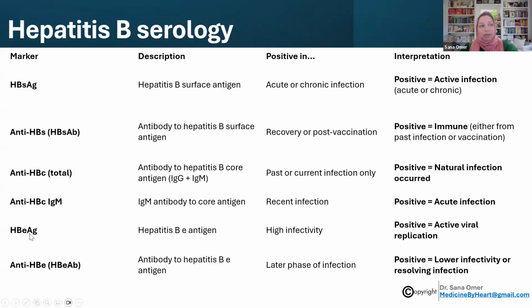When hepatitis B E antigen is present, it means the patient is in the active viral replication stage with high infectivity. So if a patient comes to you with hepatitis B E antigen positive, they are highly infective at this time and can infect other people. Why is this information important?